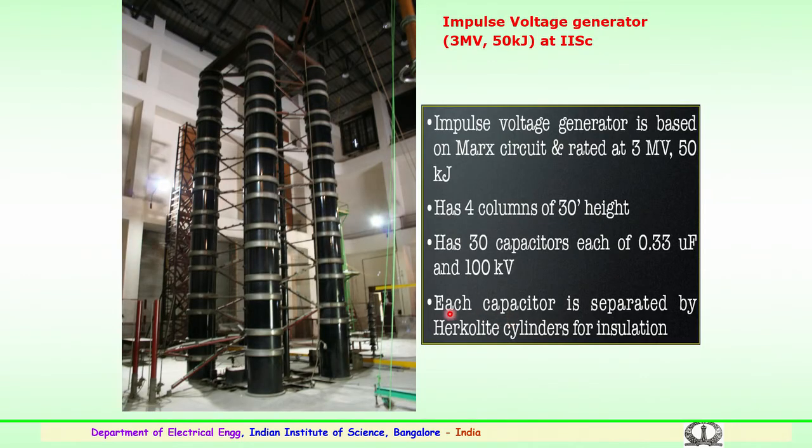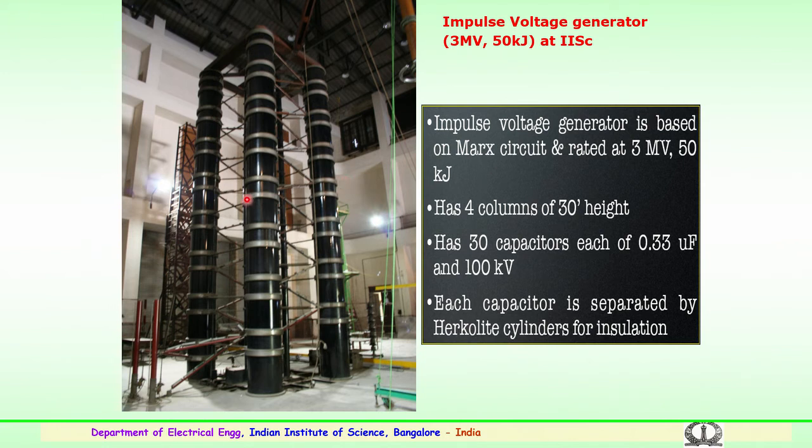Importantly, we have an impulse voltage generator of 3 million volts, 50 kilojoules. This generator is mainly based on the Marx principle described earlier and is rated for 3 million volts, where both lightning and switching surges can be generated.